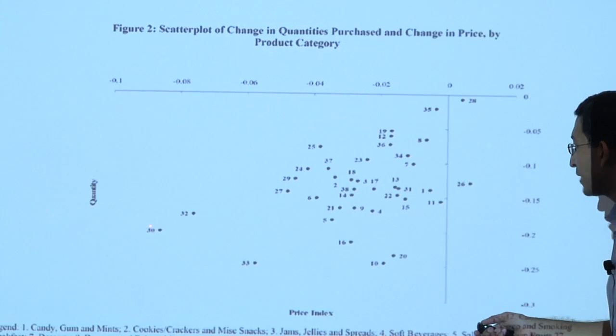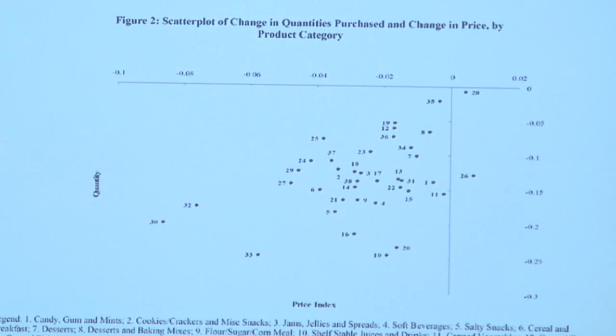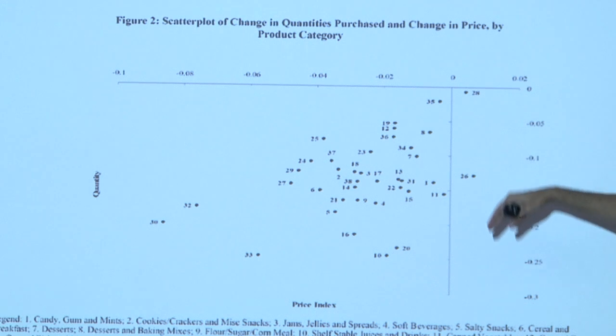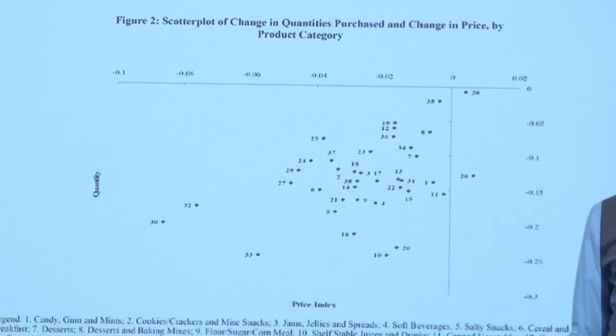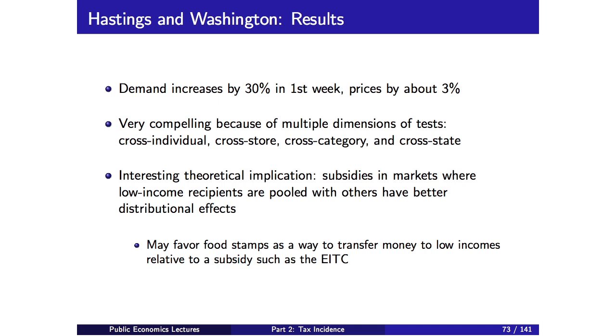And so as you'd expect, for something like prepared frozen foods, where you can stock up, you buy a lot at the beginning of the month. Big reduction in quantity from week 1 to later weeks, and also a big price increase of almost 10% for prepared frozen foods at the beginning of the month, because lots of people are going to come in and stock up on this stuff. So you can see how they have a number of dimensions of counterfactuals that make it quite clear that this mechanism is actually operating.